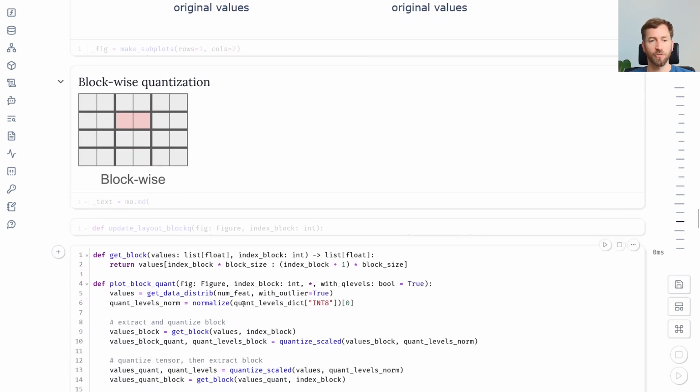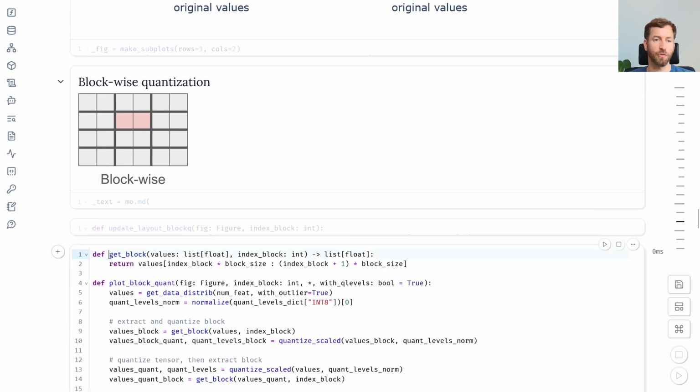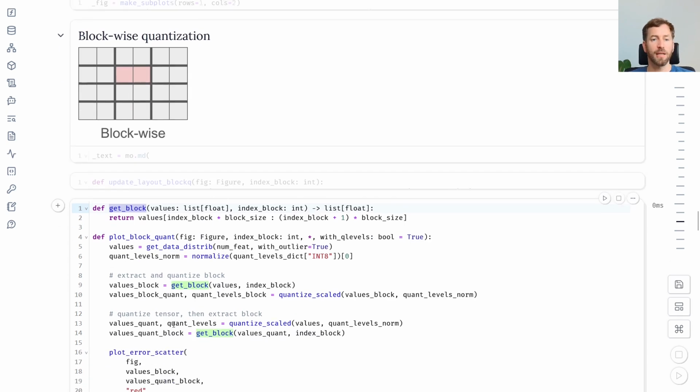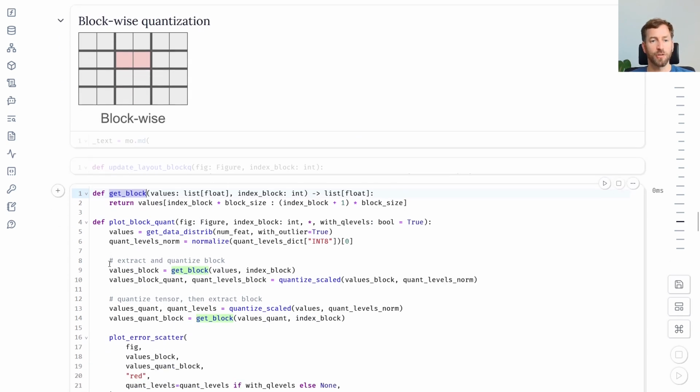So now let's also visualize this. First of all, here's a function to extract the blocks from the tensors. Now let me introduce two modes. There's one mode where we first extract the blocks and then quantize them, and another mode where we first quantize the tensor and then extract the blocks.